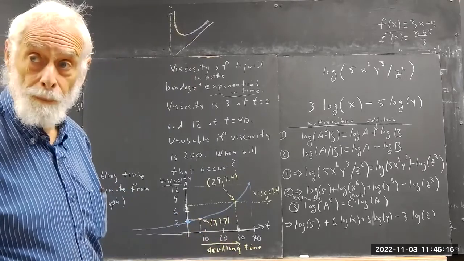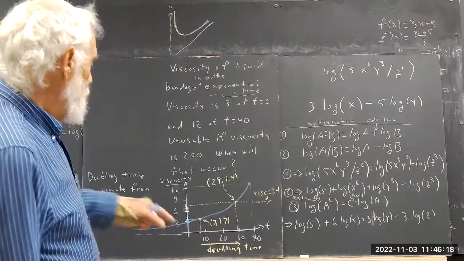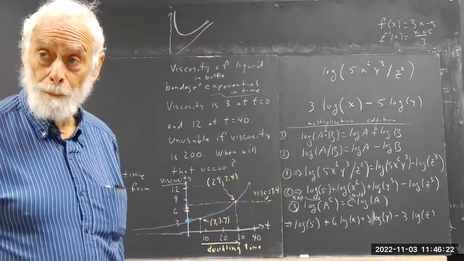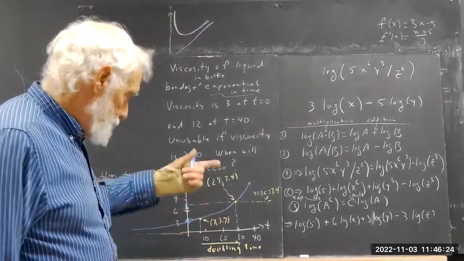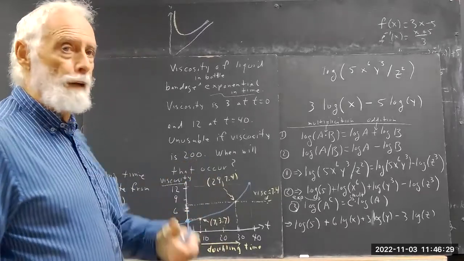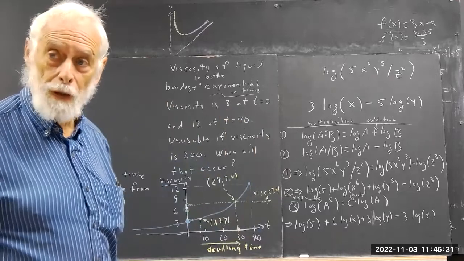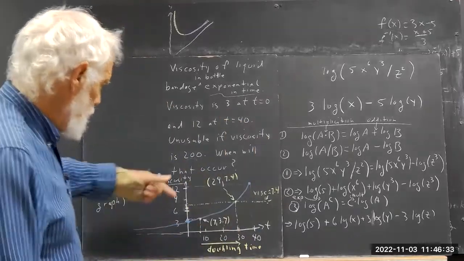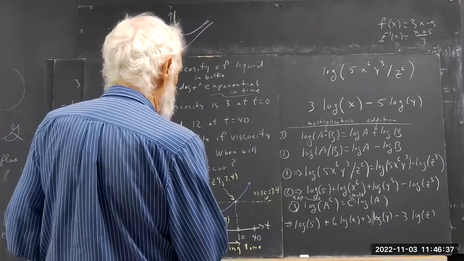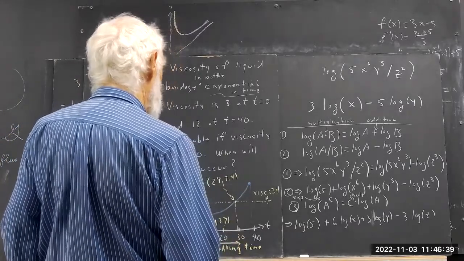is from here to here. And clearly, that would be the run of a fundamental triangle with these points. Of course, a fundamental triangle between these points would give you the average rate at which the viscosity was changing. It's kind of worth seeing that since it's sitting here smiling at us on the graph, but that's not what we're doing. We're just trying to find what this time is.